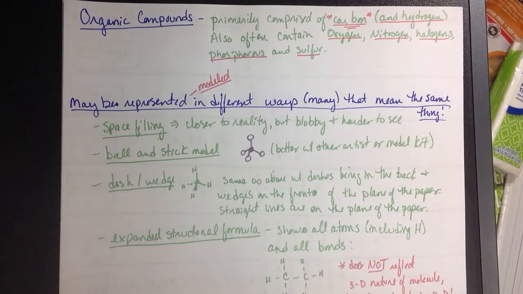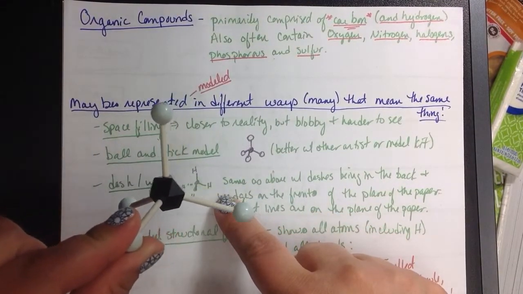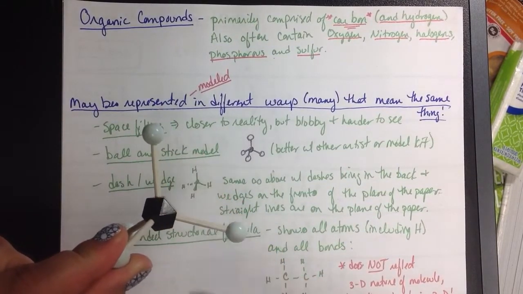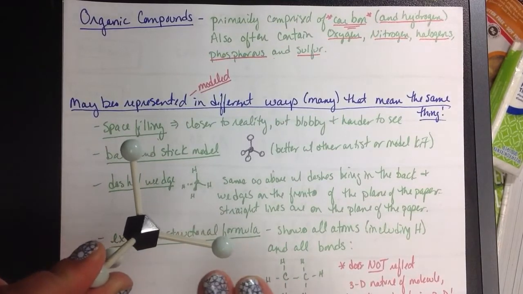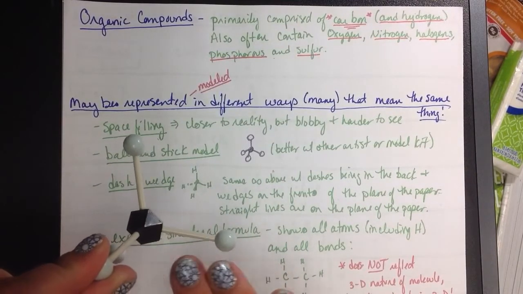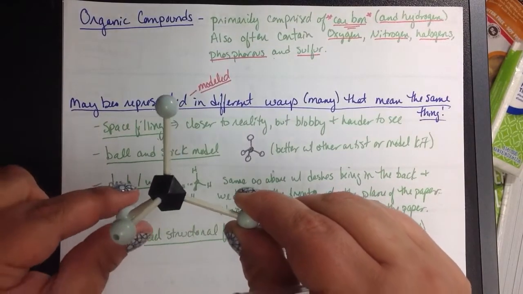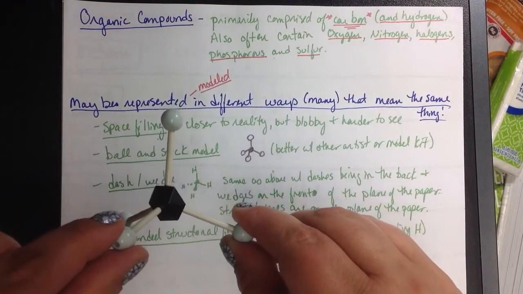So, for example, this right here looks like this. Okay, this and this are showing you that they are in line with the plane of the paper. So see how there's a plane that these 3 atoms can be on. You then have something behind that plane, and you have something in front of that plane.